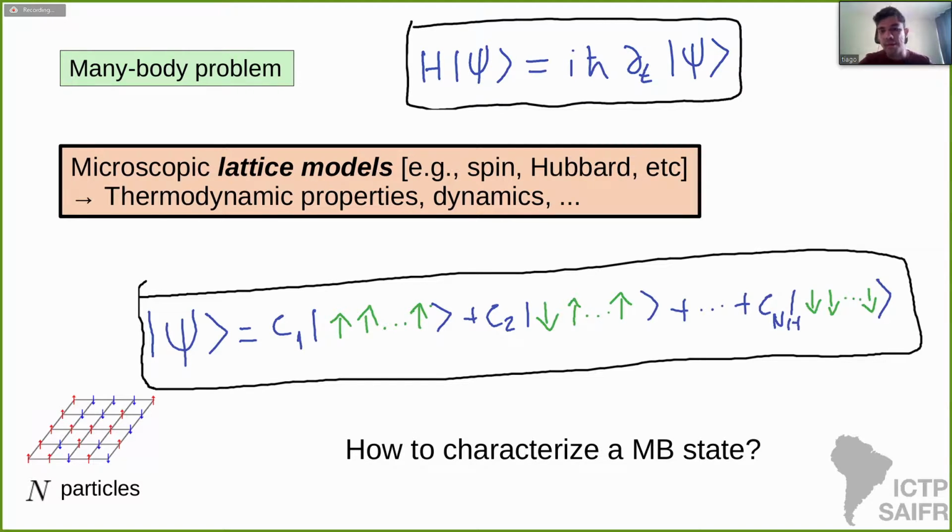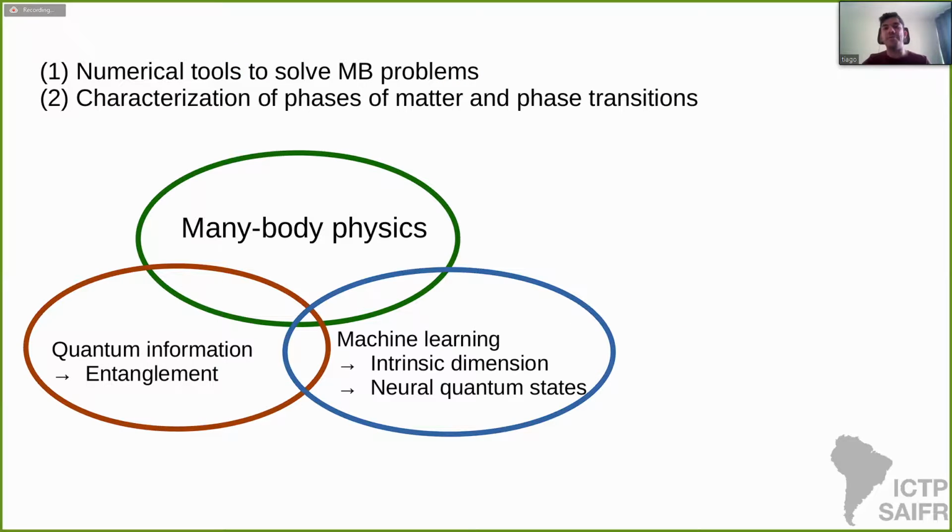Here is a summary of the topics that I want to address today and tomorrow. The two basic problems I'm interested in are, first, to implement and develop numerical tools to solve the many-body problem, that is, to overcome the exponential complexity; and second, to characterize phases of matter and phase transitions.